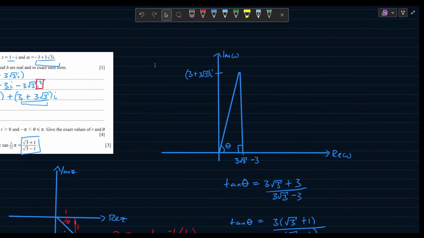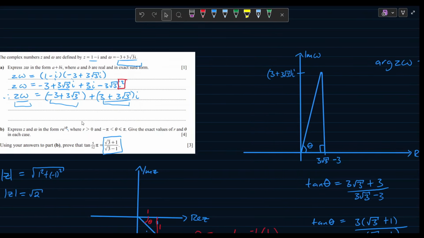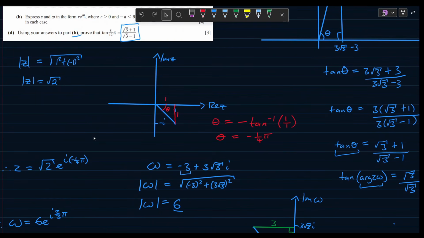And we can use the laws of arguments to find this and say that arg z omega is equal to arg z plus arg omega. This is why they say use your answers to part B. In part B, we evaluated these arguments, the arguments for both z and omega. So the argument for z was negative a quarter pi.